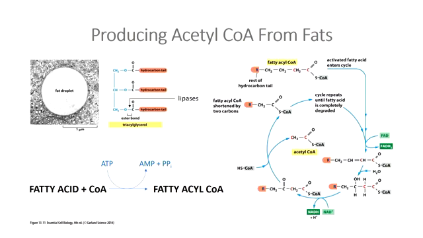Acetyl-CoA is made from pyruvate, but it can also be made from fats. Fats, remember, consist of glycerol with some fatty acids attached to them in ester linkage. And you can take a fatty acid and break it down. The enzymes that do that break it down one 2-carbon unit at a time.